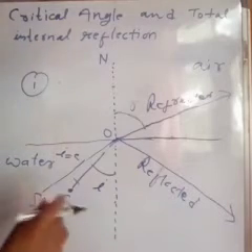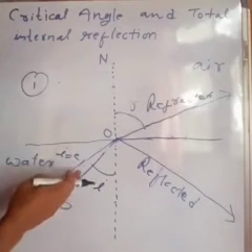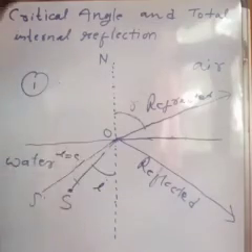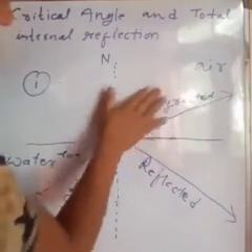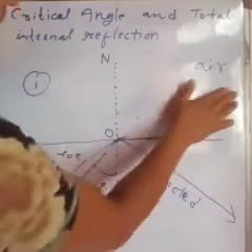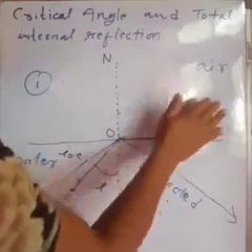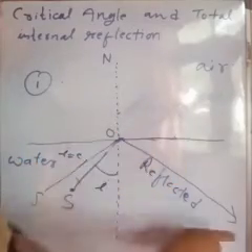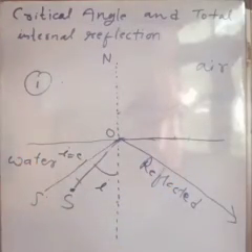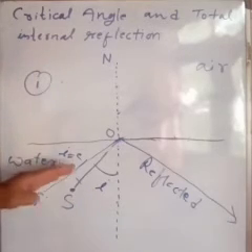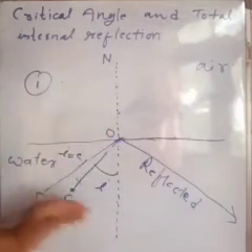And finally, the third case is when the angle of incidence becomes more than the critical angle. Then there is no refracted ray going outside, and only reflection takes place. If the angle of incidence is more than the critical angle, then all the rays will be reflected back towards the same medium.